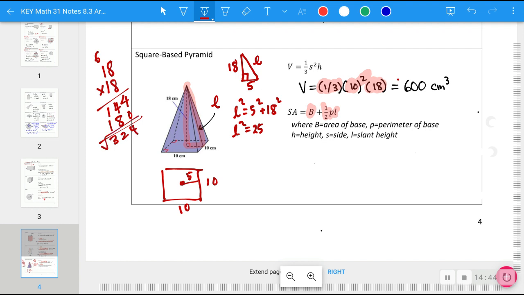And then we take the square root of that to get the slant height. So let me write this down here. Plus 324. Oh, not yet. We don't take the square root yet. And then L squared would be, add those together, 349.